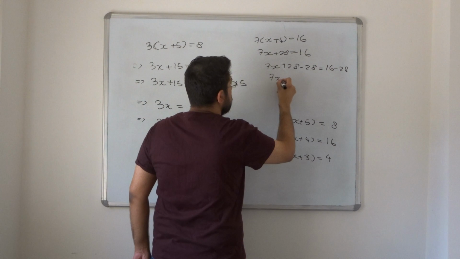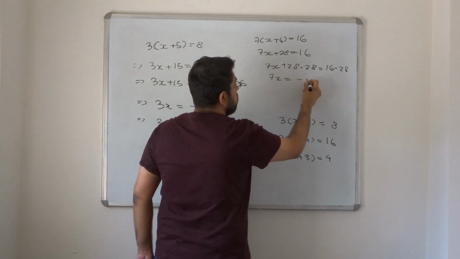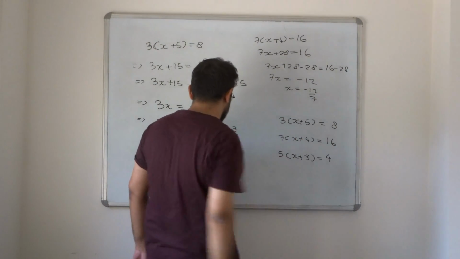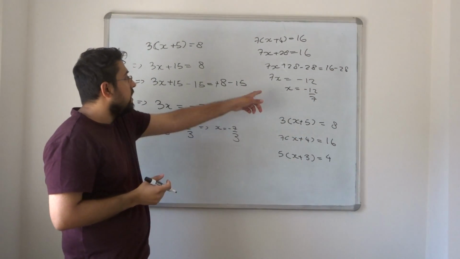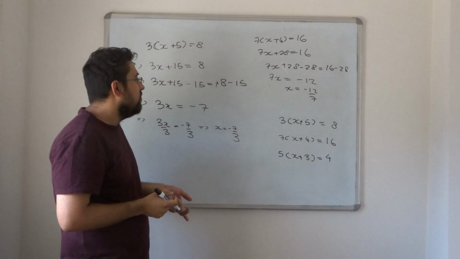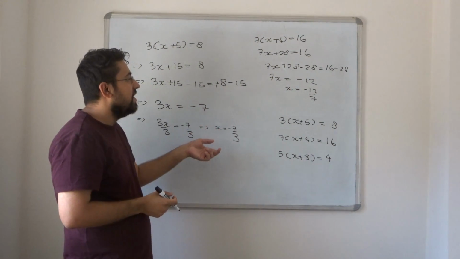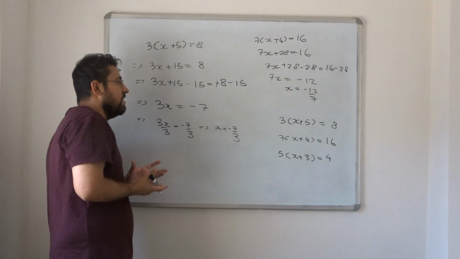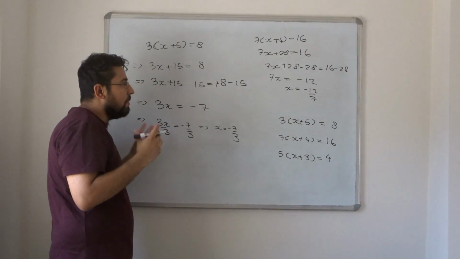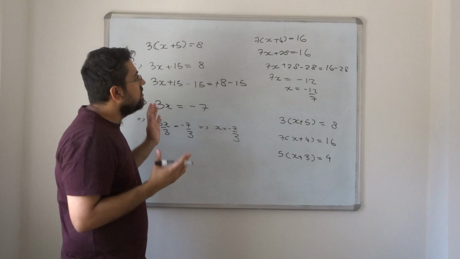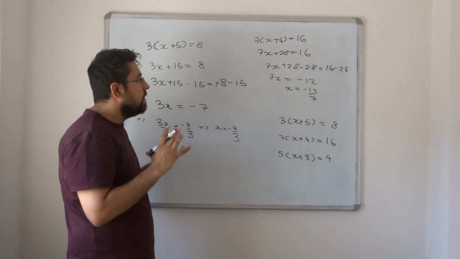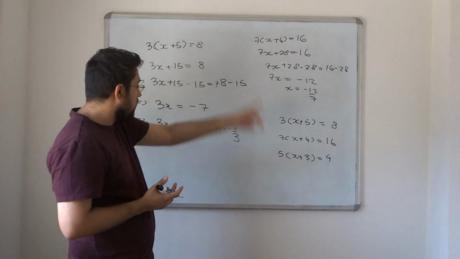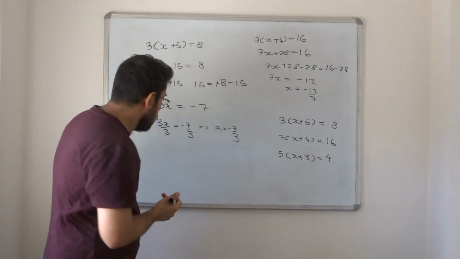So 7x equals negative 12, so x equals negative 12 upon 7. Again, guys, we got a 7 in the numerator last time, and a 7 in the denominator this time. I don't know how, whenever I manufacture questions, these numbers repeat themselves. But remember, I have left the verification to you guys.